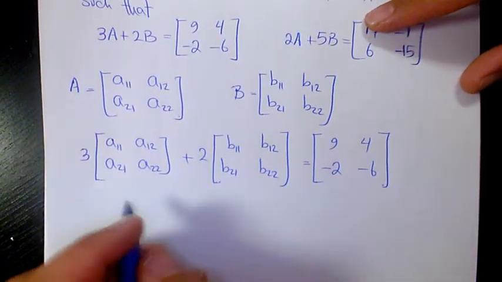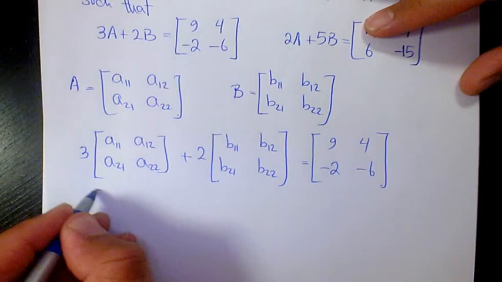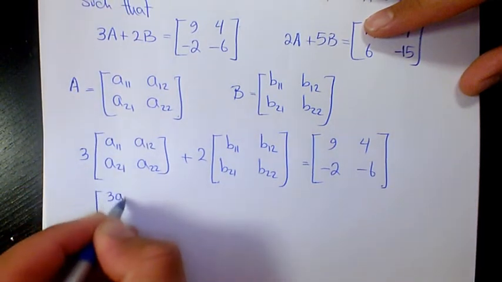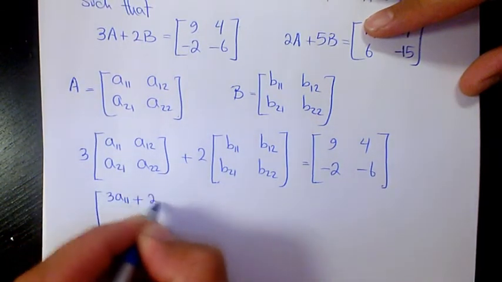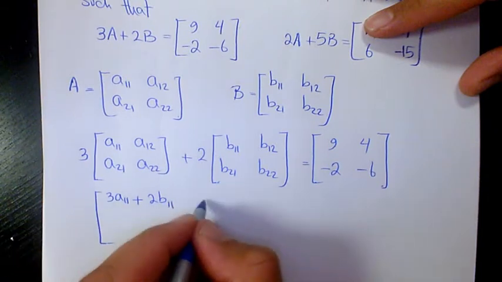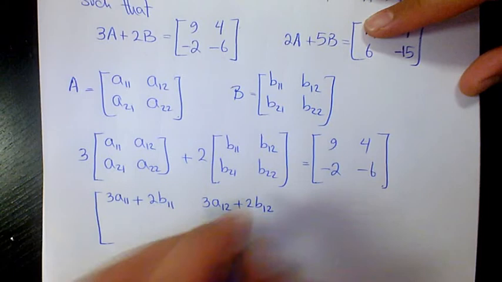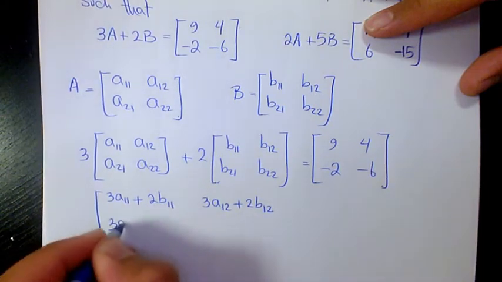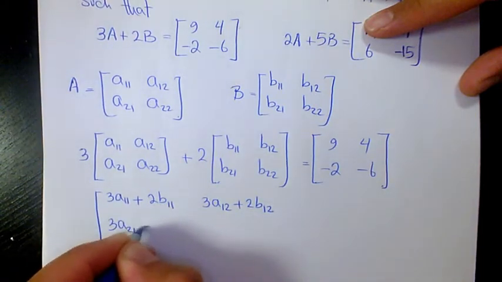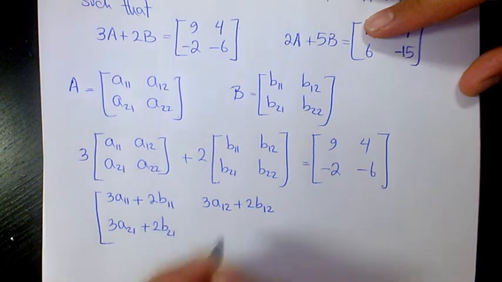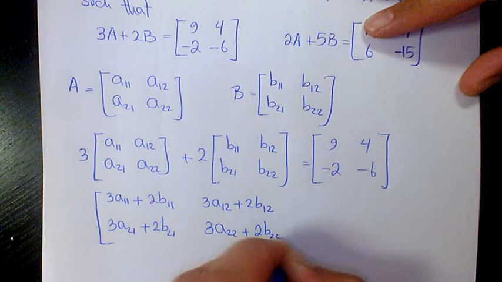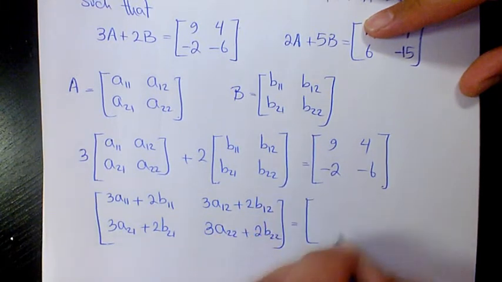So I'm going to say 3A11 plus 2B11, 3A12 plus 2B12, 3A21 plus 2B21, 3A22 plus 2B22 equals 9, 4, negative 2, negative 6.